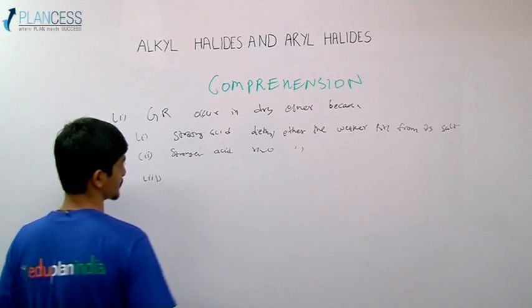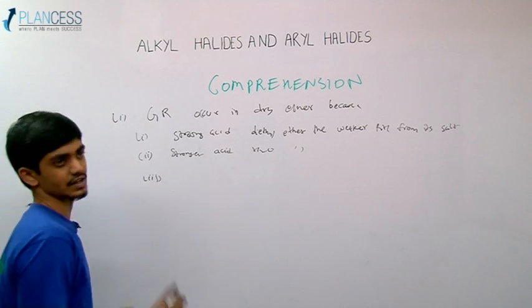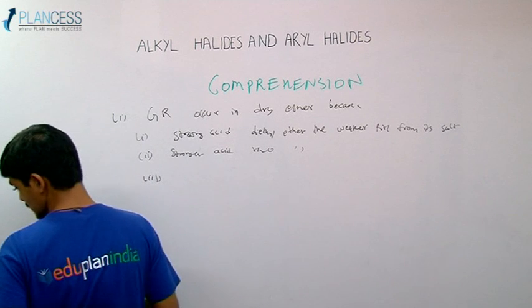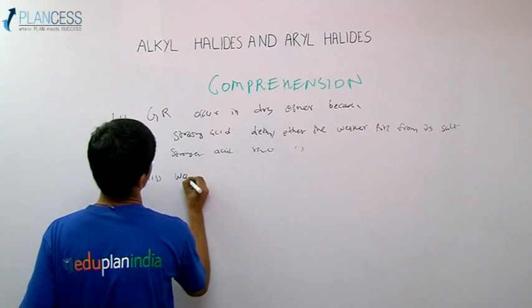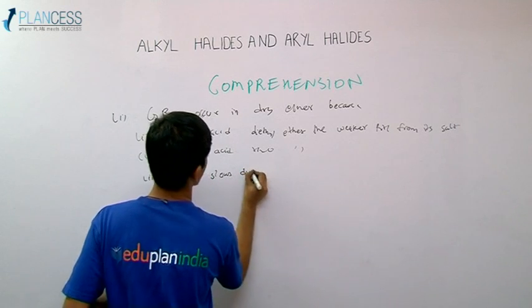The meaning of these statements I am going to explain to you, so don't worry if you are not able to follow what these statements mean. The third statement says that water slows down the reaction. Wonderful statement. Water slows down the reaction.